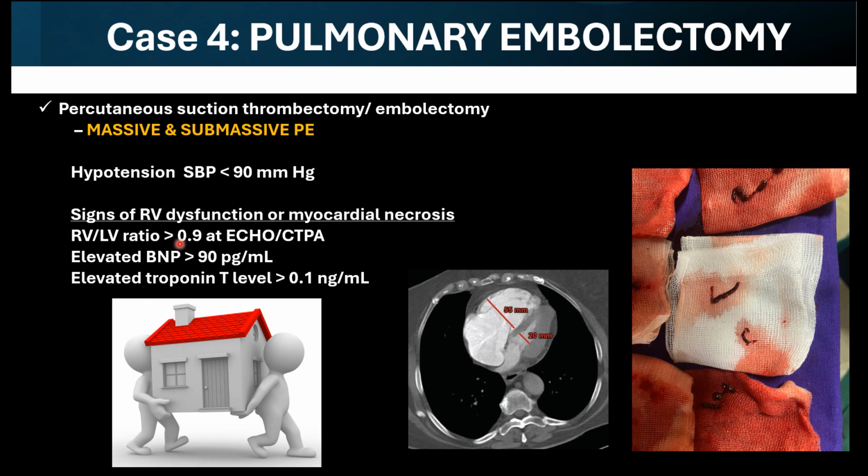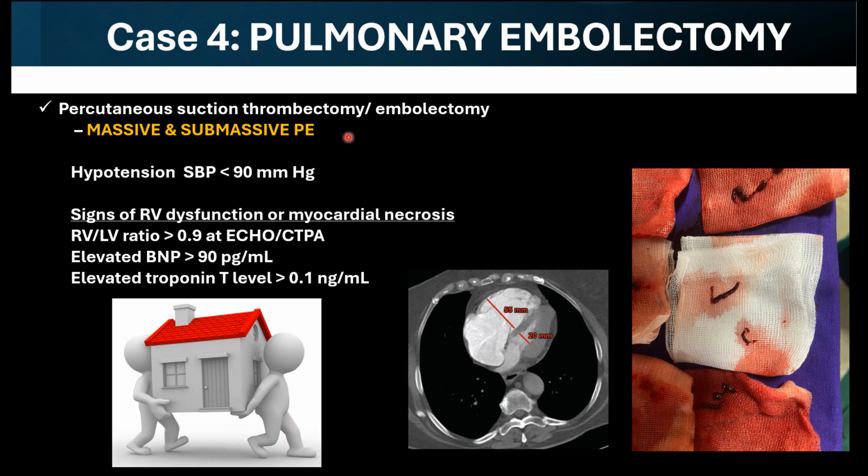An RV-LV ratio of 0.9 on echo and CTPA. So in CT, if we see the right ventricle is larger than the left ventricle diameter, then it means this patient has a submassive pulmonary embolism, or at least right ventricular dysfunction. BNP and troponin T levels, all the things which will be seen in MI, will also be seen in patients with pulmonary embolism. So this is a take-home message.